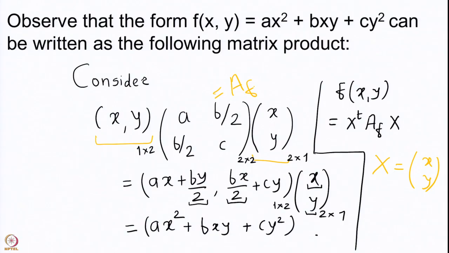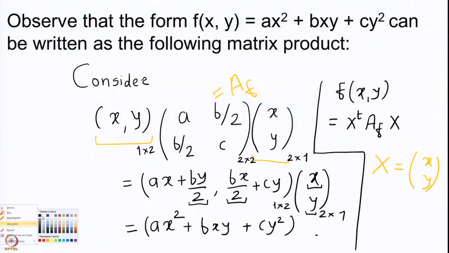So, this 2 by 2 matrix is obtained by putting the coefficients for x square and the coefficient for y square on the diagonal in that order, and the coefficient of xy is divided by 2, and then we put it in the off diagonal entries. So, this is the way we obtain the value of the integral binary quadratic form in terms of a matrix product.